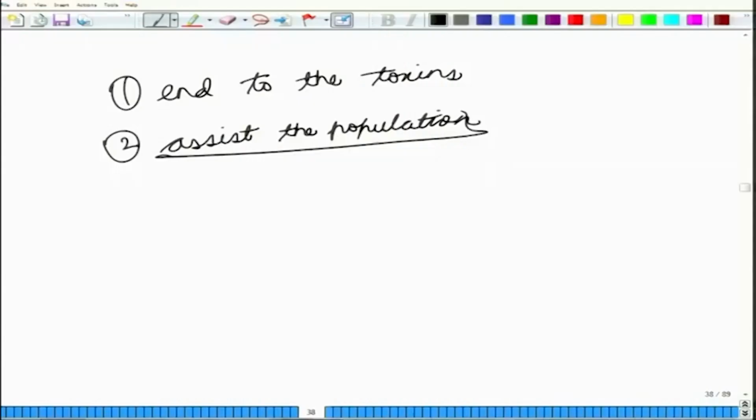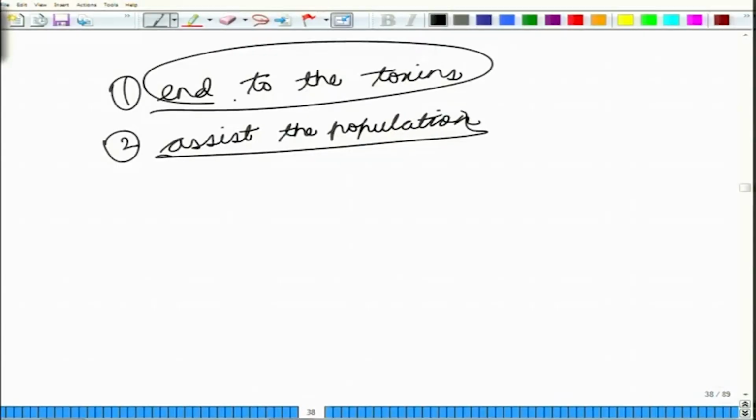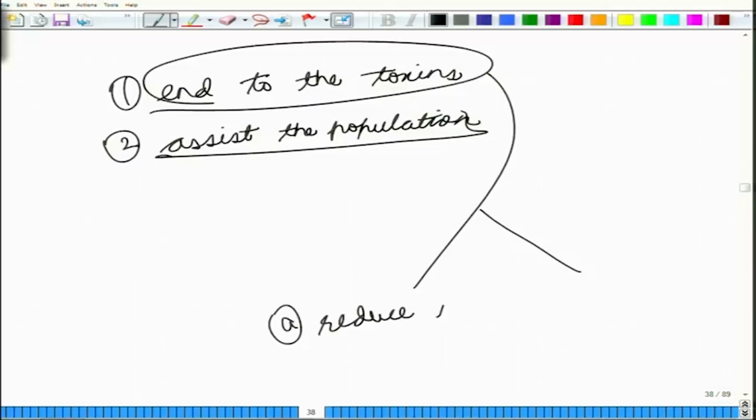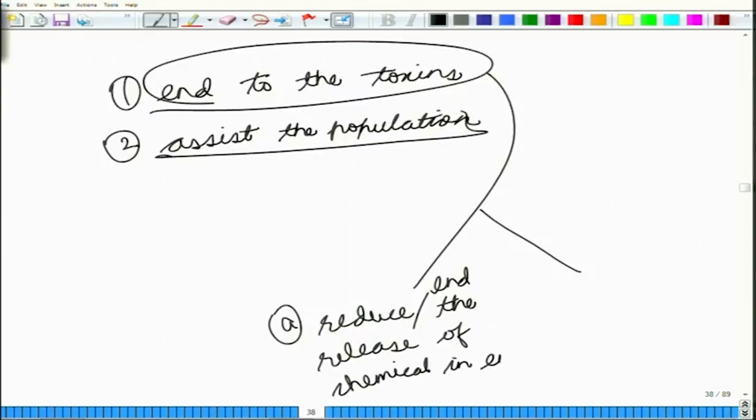The other way is that you need to put an end to these toxins. If you want to reduce the concentration of these toxins, or end these toxins, there are two things that you need to do. The first thing is that you reduce or end the release of chemicals in the environment, which is what we saw in this case.